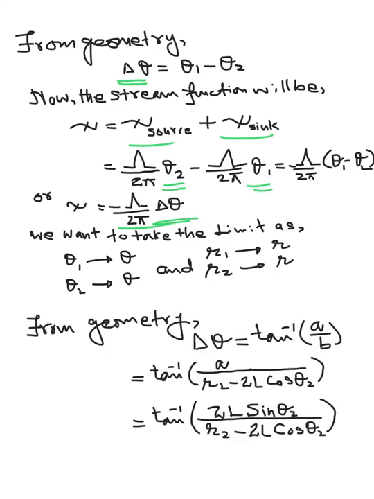Now consider the previous figure, and from the geometry I can further write down the difference of angle delta theta in terms of tangent inverse A over B. So this is perpendicular and this is base of that triangle, and B has been subsequently replaced by this relation and A with this relation.